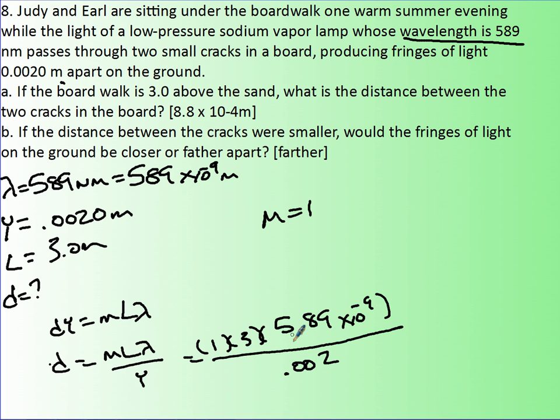I'm going to multiply straight across. 3 times 589 times 10 to the negative 9 is 1.767 times 10 to the negative 6, and then divide through by 0.002.